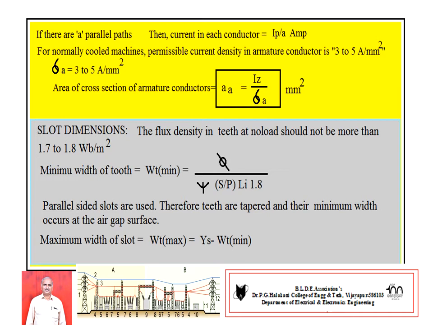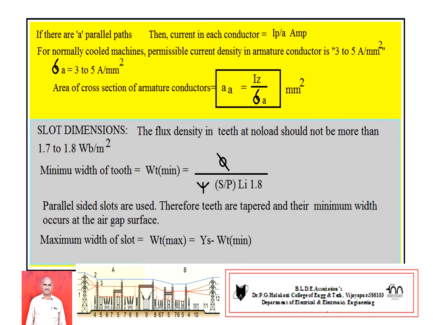The slot dimensions, next one is slot dimensions. The flux density in the teeth at no load should not be more than 1.7 to 1.8 Webers per meter square. By assuming this value, minimum width of teeth, WT minimum equal to flux divided by Chi S by P into Li into 1.8.